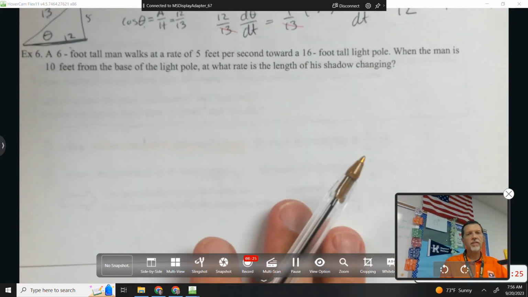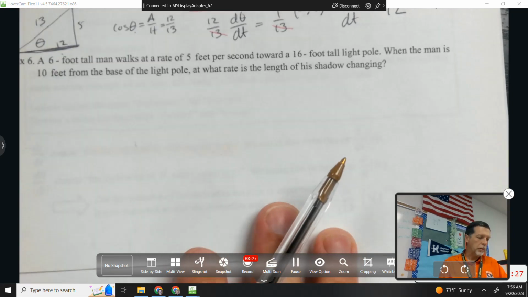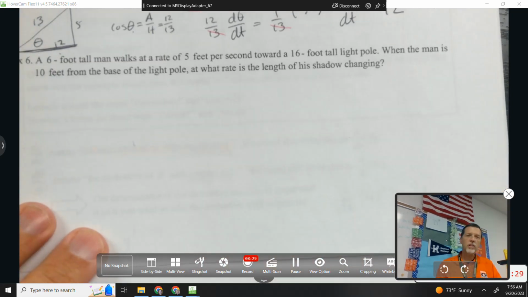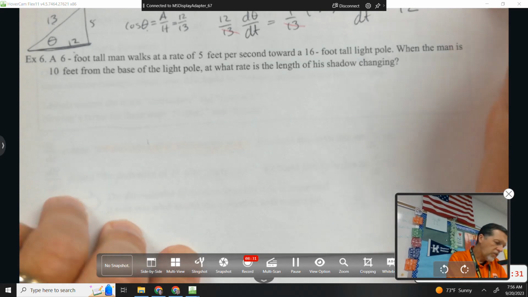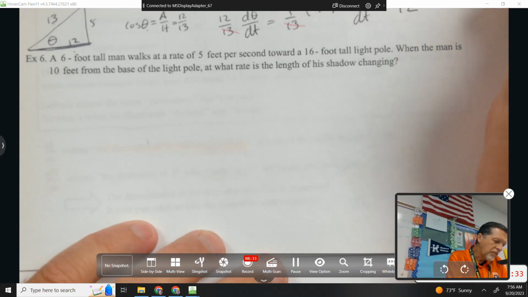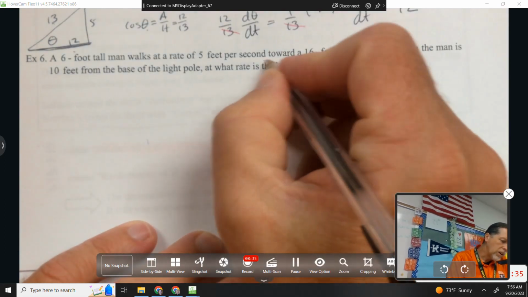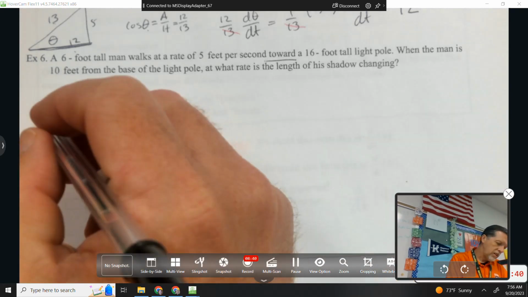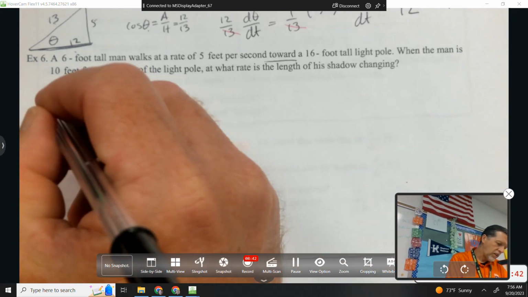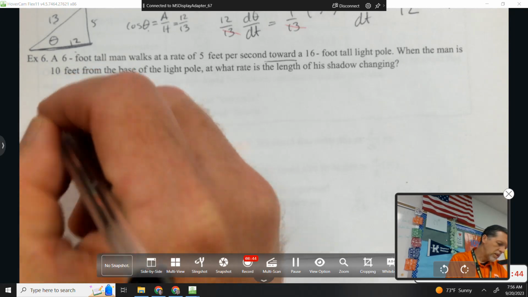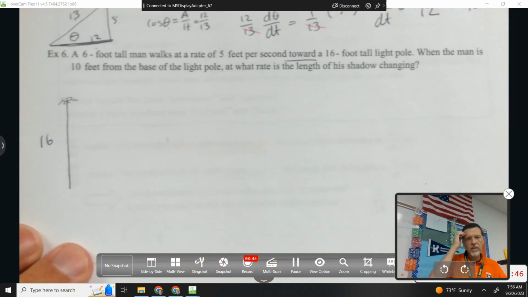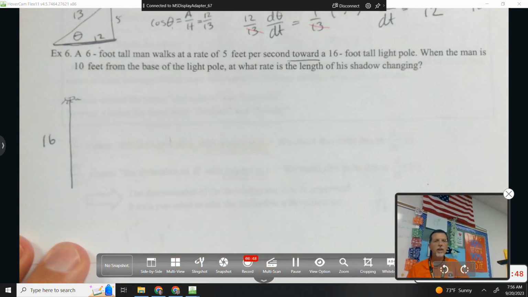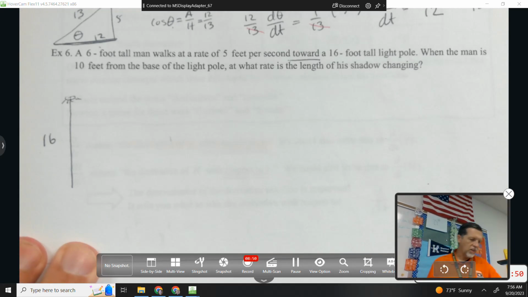Number 6. I don't see an equation, so we'll have to come up with the equation on our own. A 6-foot tall man walks at a rate of 5 feet per second toward a 16-foot tall light pole. Okay, so there's my light pole, 16 feet tall. The man is 6 feet tall.